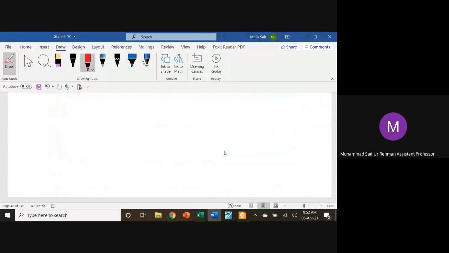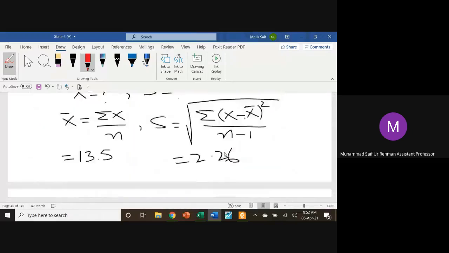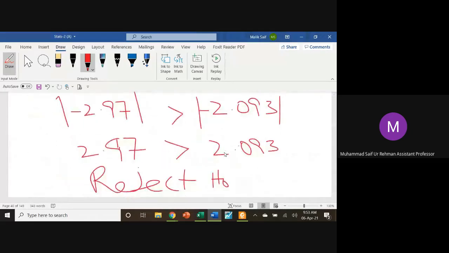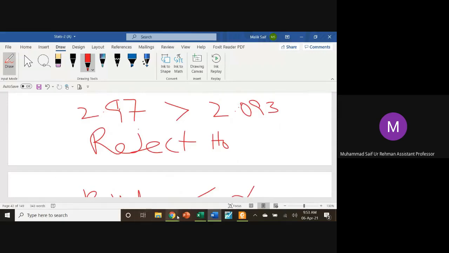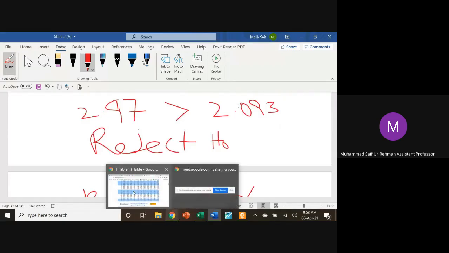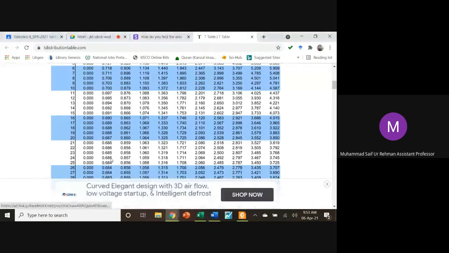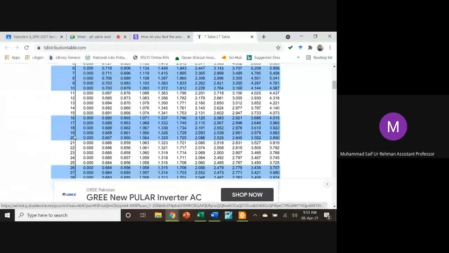So against 19 degrees of freedom, you will locate the calculated value. Let us locate 2.97. This is the degree of freedom, 19, and 2.97. Let us see where that is.